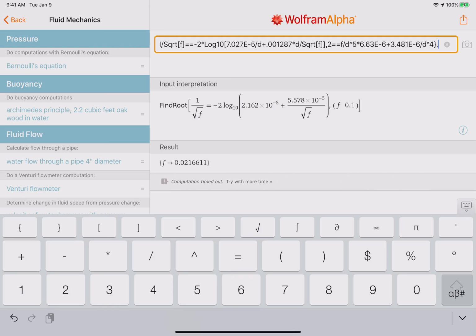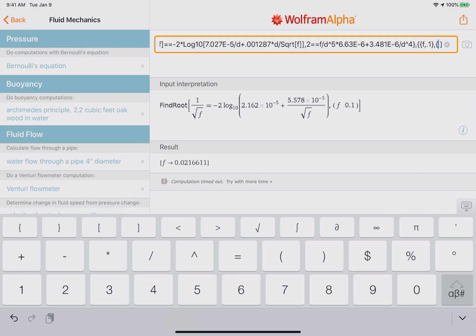And now we have a list of variables. So the list of variables goes in a set of curly brackets. And each variable and its initial guess goes in another set of curly brackets. So I'll guess, say we are solving for f, and we'll use a starting guess of 0.1. Oops, not a whole bunch of points, just the 1.